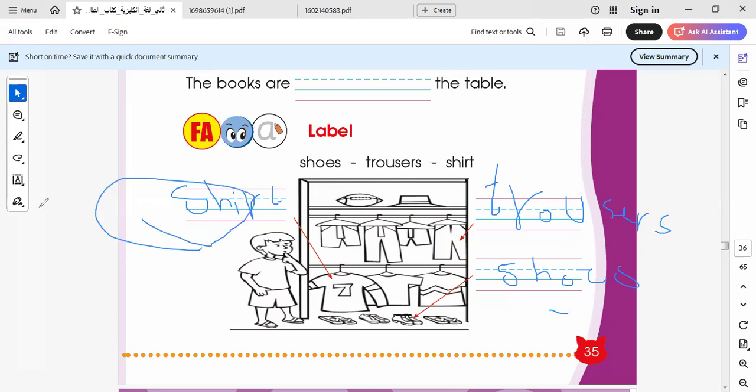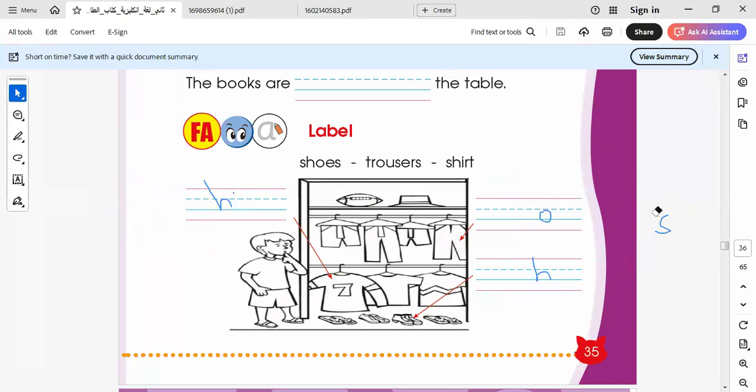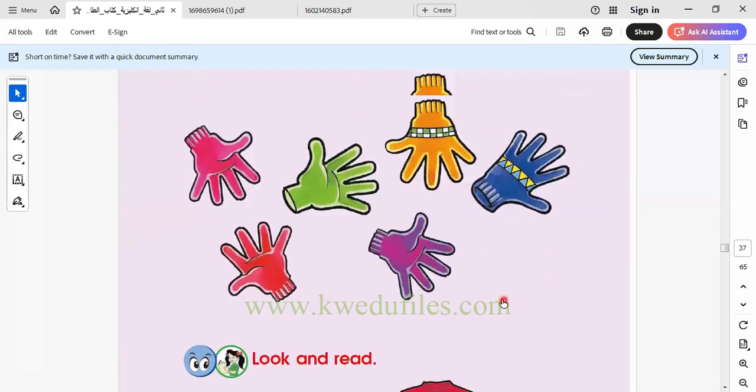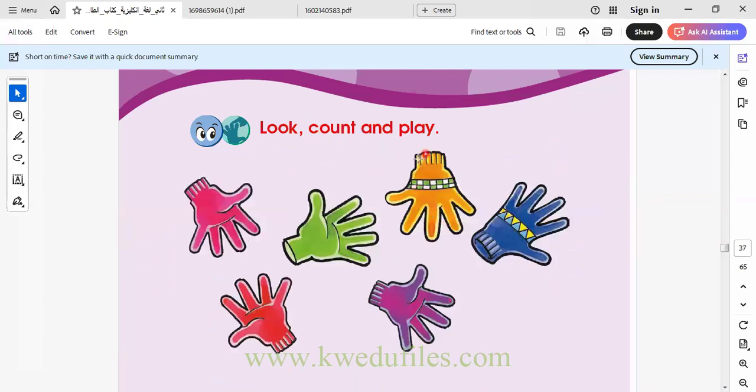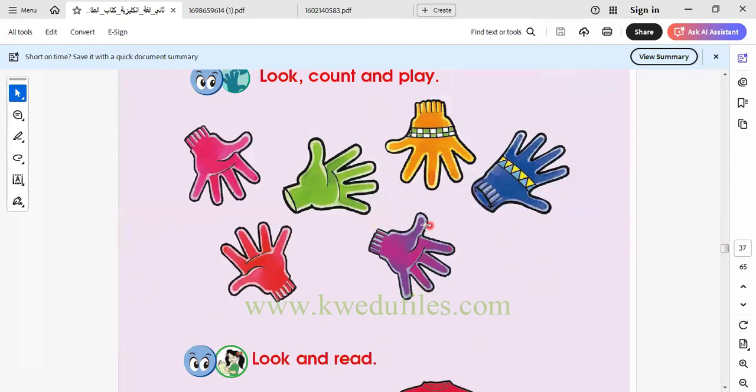Let's go to another item. Here is look and count. I count the numbers here. 1, 2, 3, 4, 5, 6, 7, 8, 9, 10, 11, 12, 13, 14, 15, 16, 17, 18, 19, 20, 21, 22, 23, 24, 25, 26, 27, 28, 29, and 30.